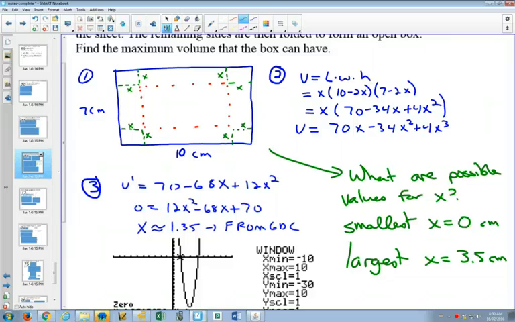Now 3.5 is half of 7, so if you cut 3.5 out, again, you'll have something that has a volume of 0. In fact, you can see it from the formula here that in that set of brackets, if x is 3.5, that set of brackets will be 0. And again, you'll get a volume of 0.